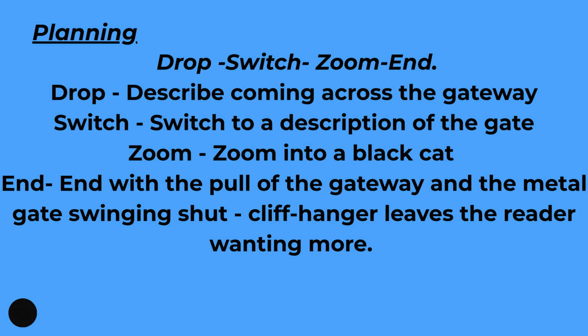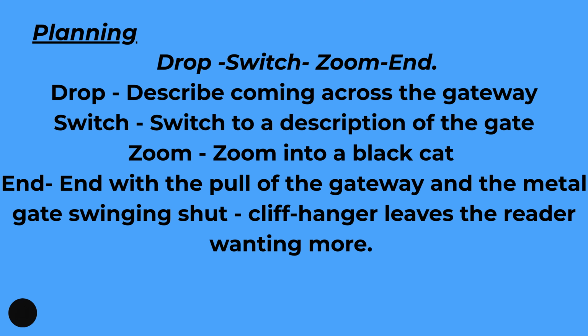So I roughly used the drop, switch, zoom, end structure for this particular piece of writing. Drop, you drop the reader into the middle of the action, and I'm going to do that by describing coming across the gateway. Switch, I'm going to switch to a more detailed, vivid description of the gate.